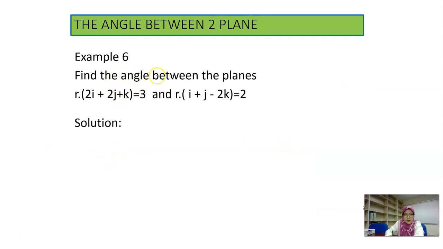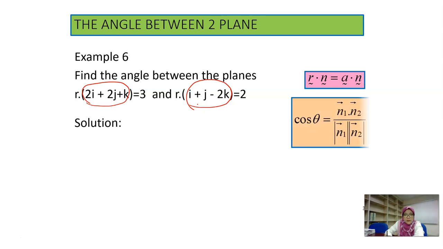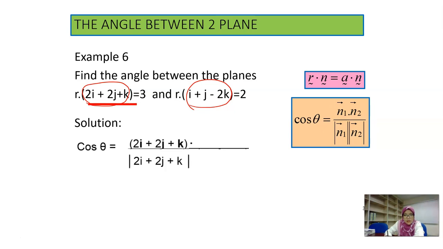Okay, so for example, find the angle between the two planes. You just take out the normals. So cos theta equals (2i + 2j + k) dot (i + j - 2k).